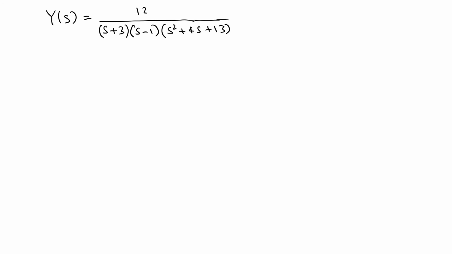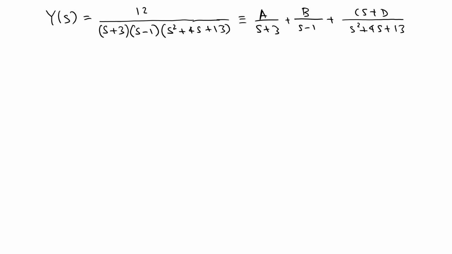You can see that this can be written in the partial fraction form as A over s plus 3 and then B over s minus 1 plus, since you can factor the other term nicely, we leave it like that, s squared plus 4s plus 13, and this can be Cs plus D. I'm going to let you find A, B, C, D using the regular technique that we have already discussed.